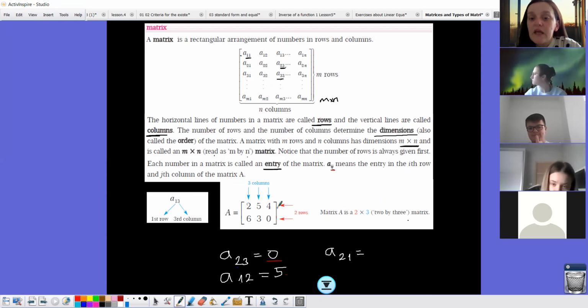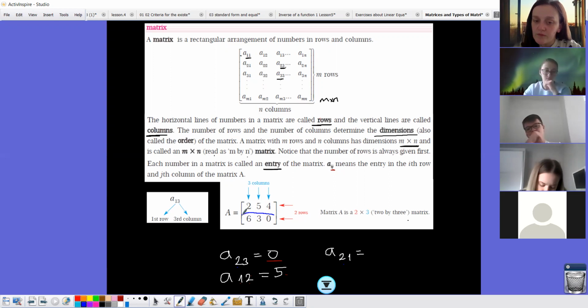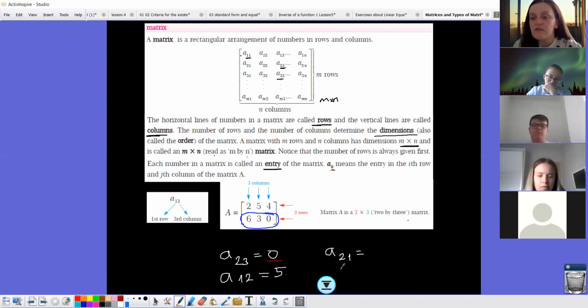Okay, now, for example, A21: you have first number as 2, means the second row. This is our matrix that we are working with right now. I'm taking the second row, and the 1 says that you need to take the first column.